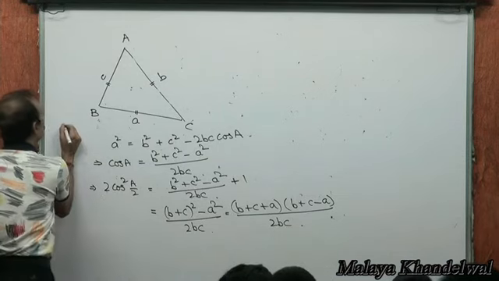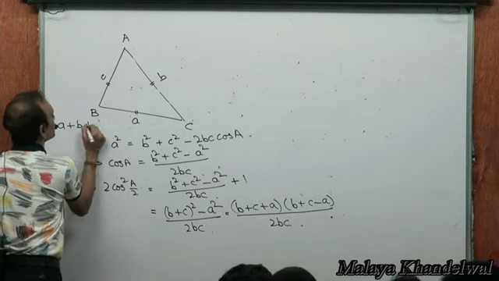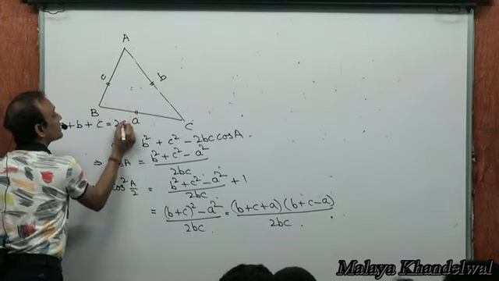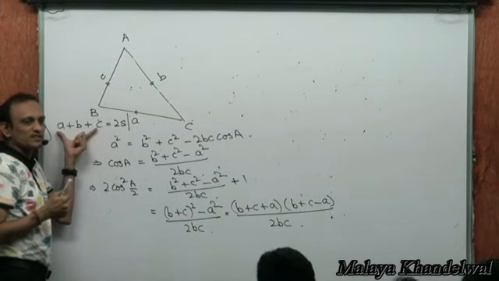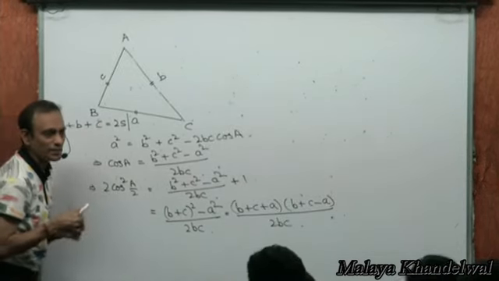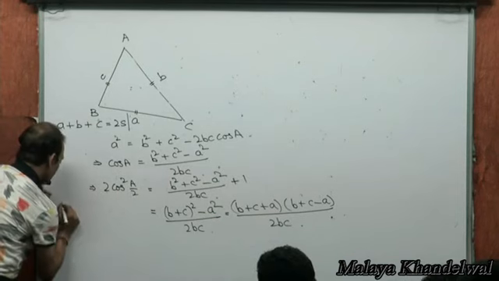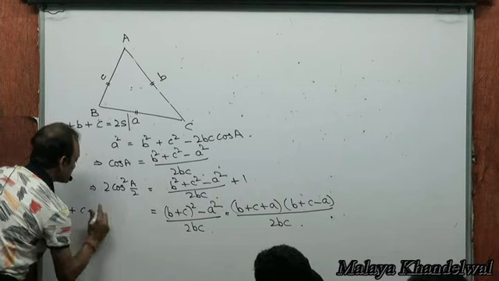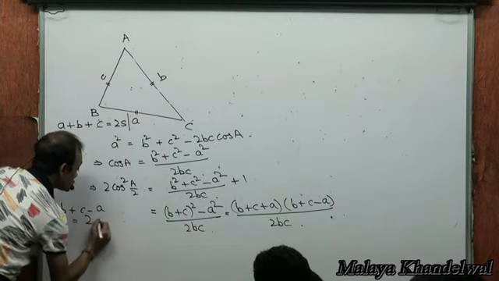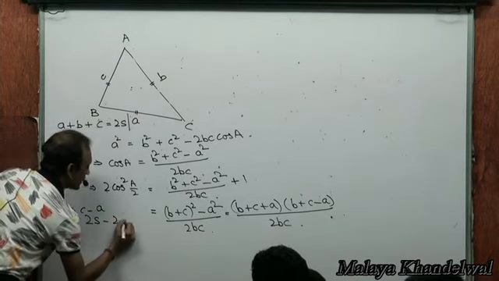Hey, a plus b plus c in a triangle is what? Twice the semi-perimeter. You've learned this, right? S is the semi-perimeter of the triangle, so a plus b plus c would be twice the semi-perimeter. And b plus c minus a is twice the semi-perimeter minus 2a.